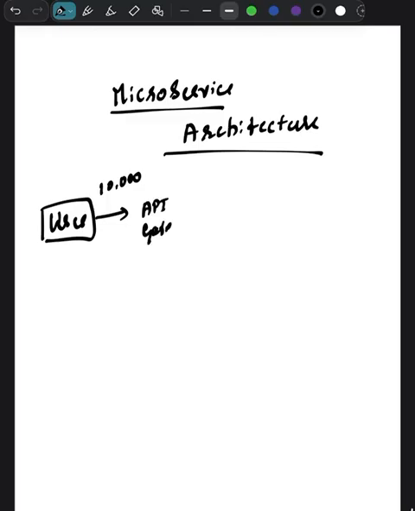API gateway, right? Now, don't worry about what API gateways are. For now, just understand it is the bridge between the user and the backend system. If required, we'll make a dedicated video on API gateways. As of now, it is just a proxy.